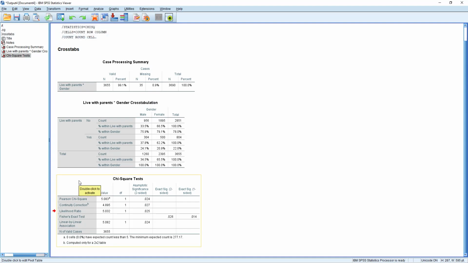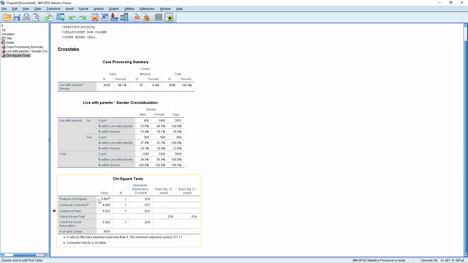All you need to learn is how to interpret your chi-squared test. Now we're just going to look at the top line here. This is the basic chi-squared test, also known as the Pearson's chi-squared. As you can see, there are other statistical measures that are calculated, but we're not going to worry about those. We're just going to look at the Pearson chi-squared.